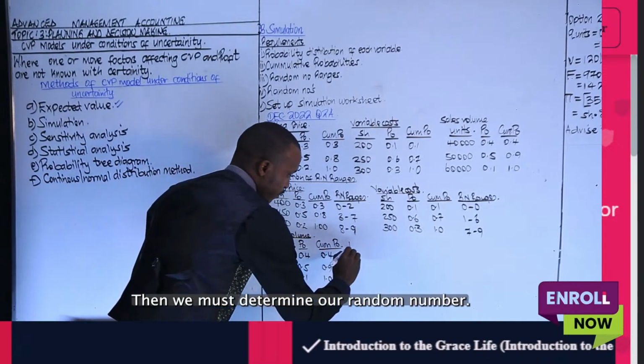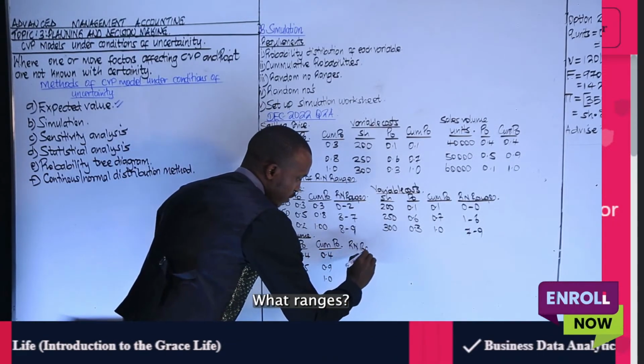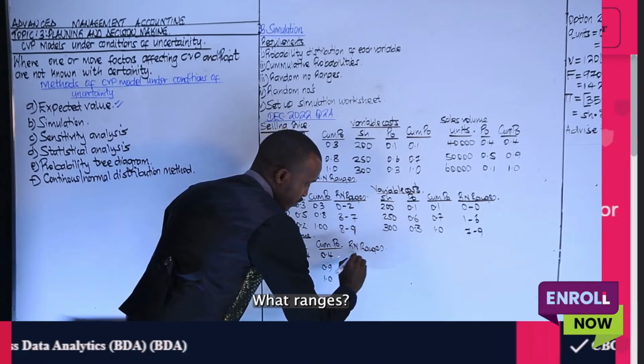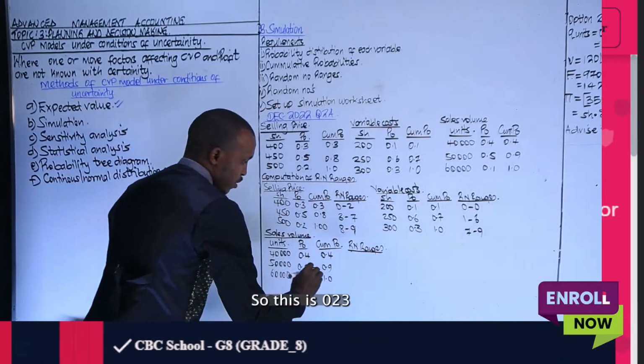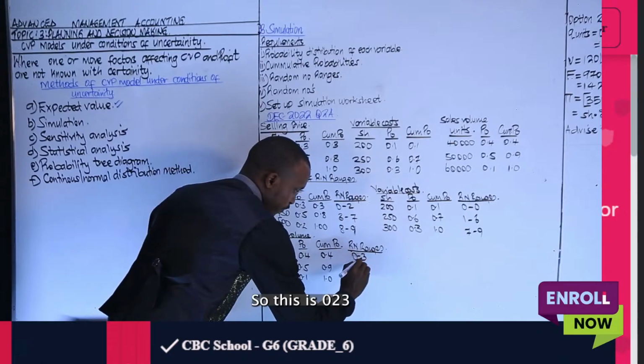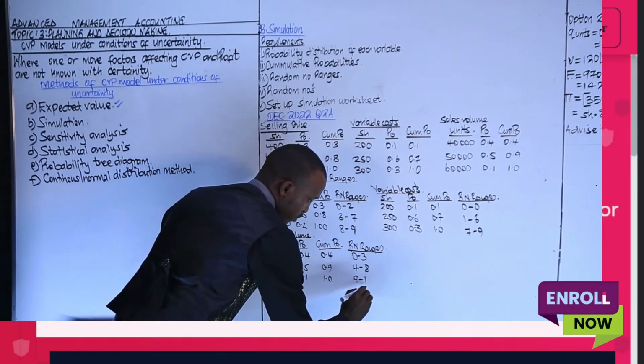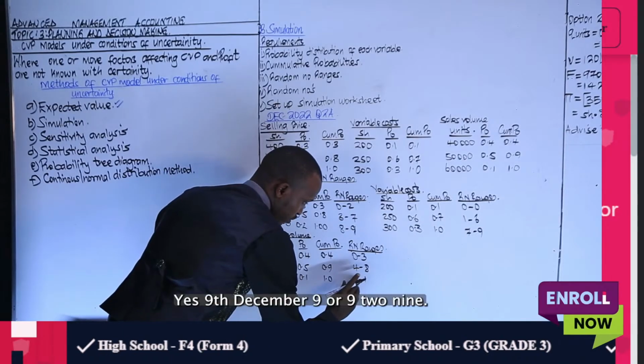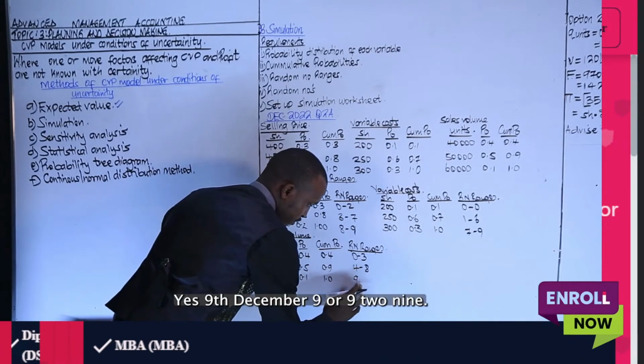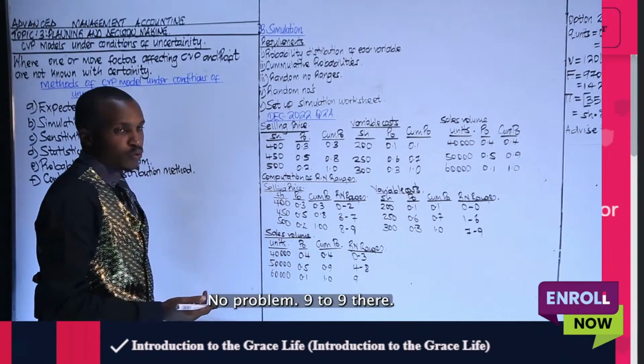Then we must determine our random number ranges. So this is 0 to 3, 4 to 8, 9 to just 9.